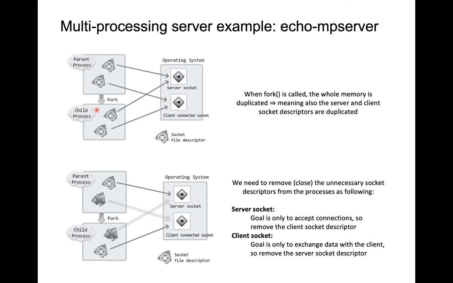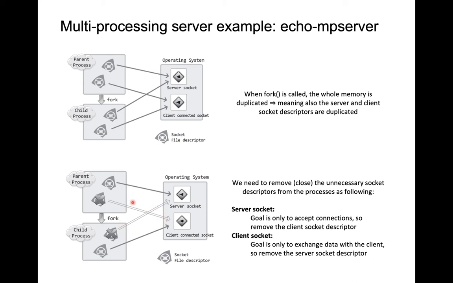The parent process creates the child process by using fork, and when fork is called, the whole memory is duplicated, which means that not only the parent process but also the child process starts, and also the server and the client socket descriptors are duplicated. But we don't need this duplication in the parent and the child.